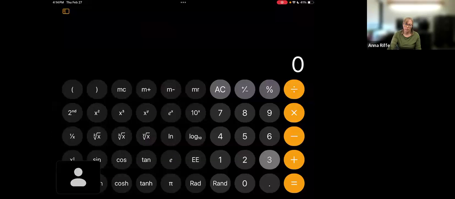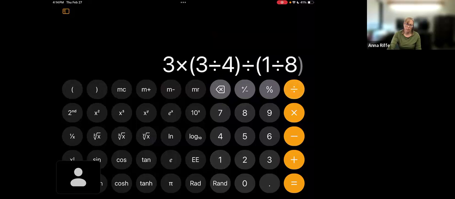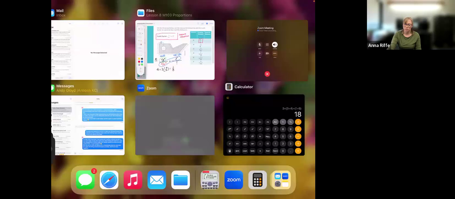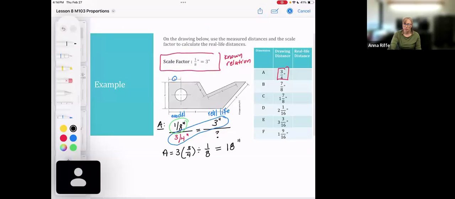So 3 times 3/4, divide that by 1/8, and we get 18. So 18 inches. You could convert to decimals if you don't want to deal with the fractions for these.